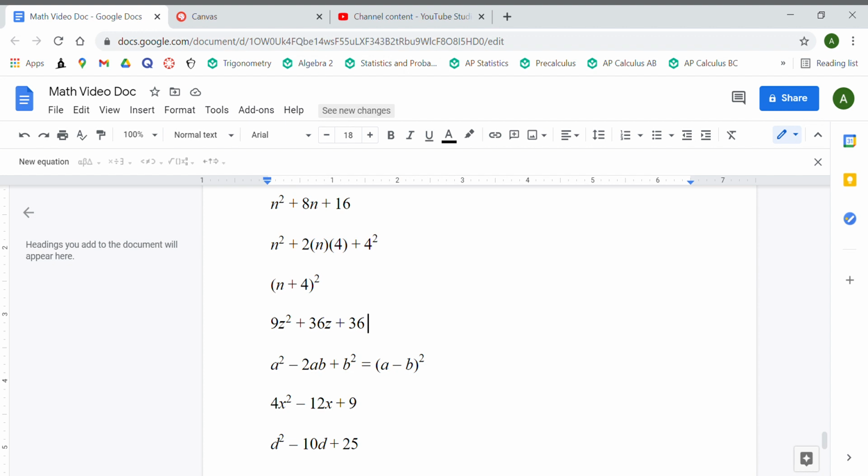Okay, so we are now ready to factor. So notice that the square root of 9z squared is 3z, and the square root of 36 is 6.